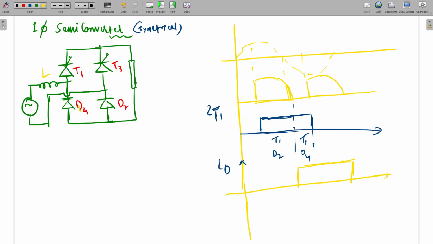If we subtract this waveform, we get IT1 minus ID4, which will be the source current. The source current will be the same from alpha to pi, and again it will be 0. This is the source current without inductor effect. Is it clear?